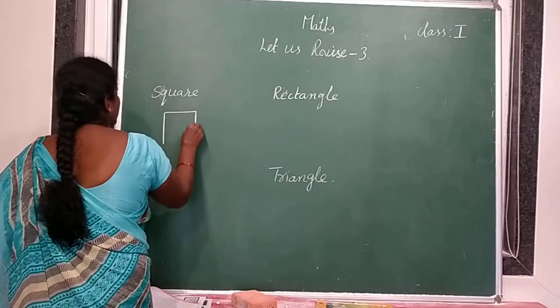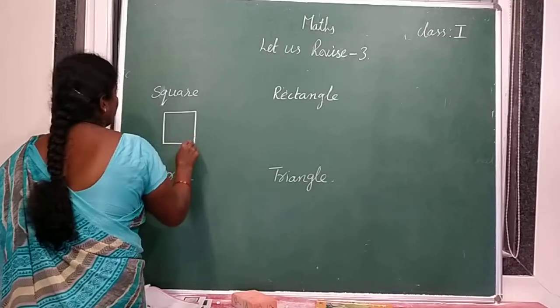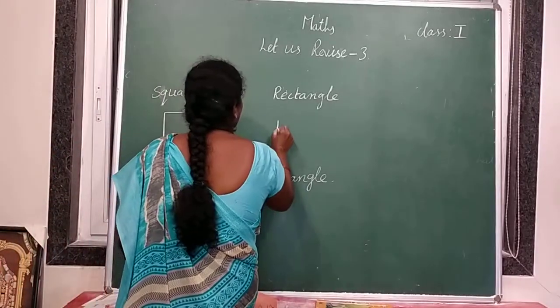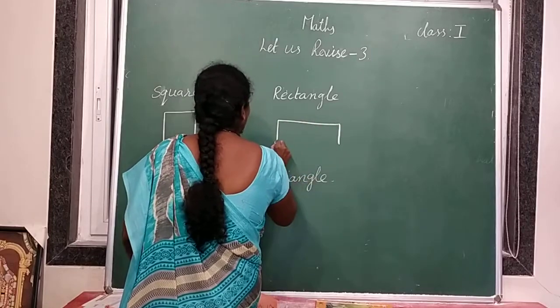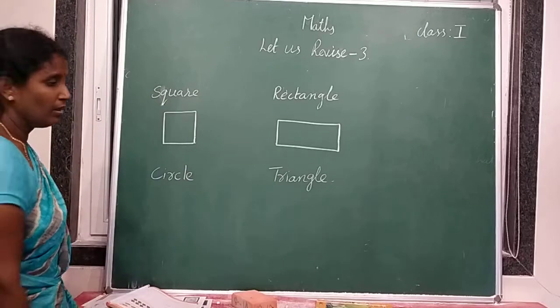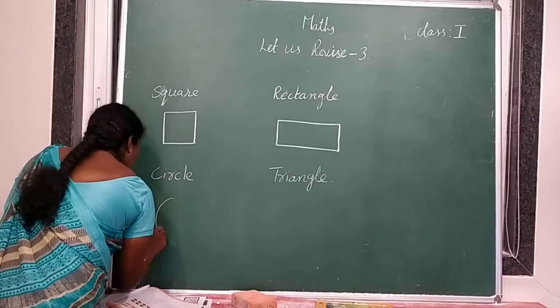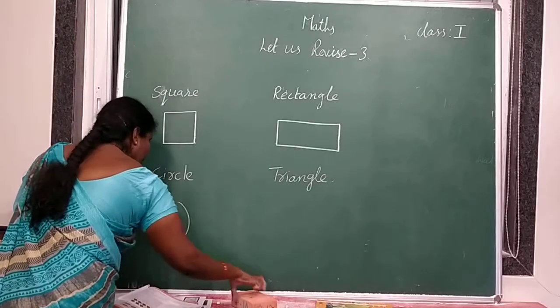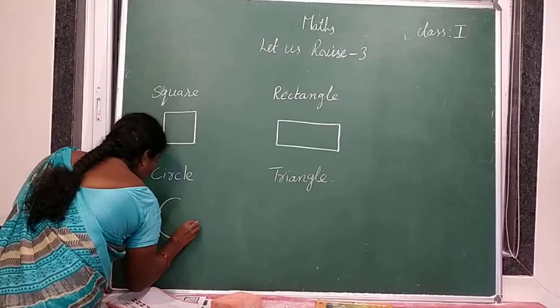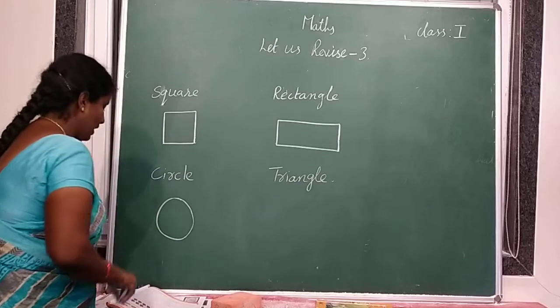Is it a square shape? Is it a square? Yes. Next, rectangle. This is circle now, so draw a circle.